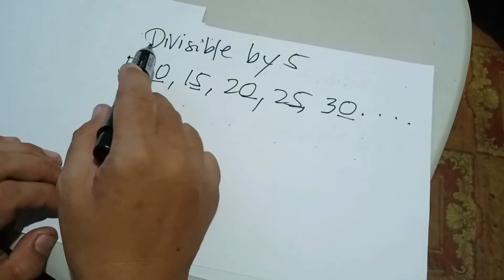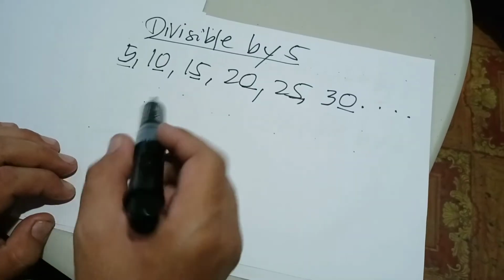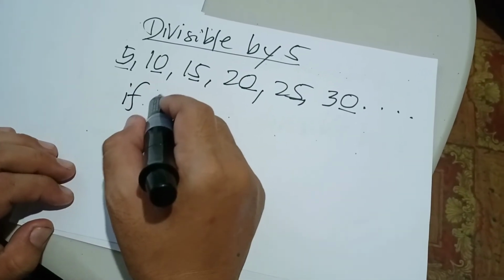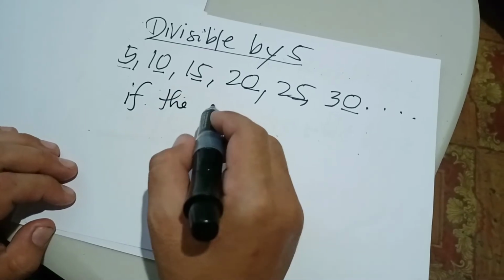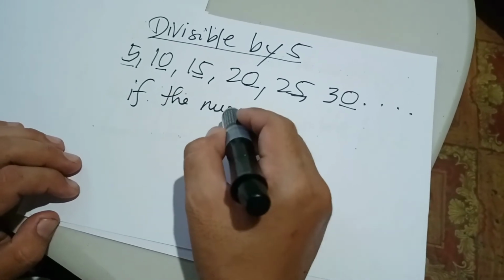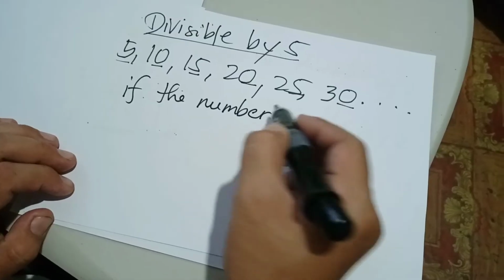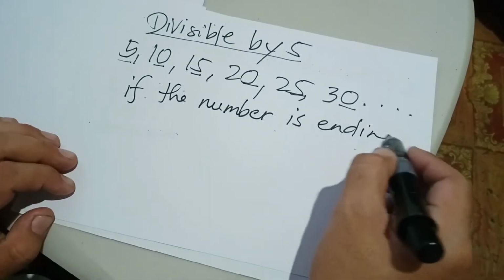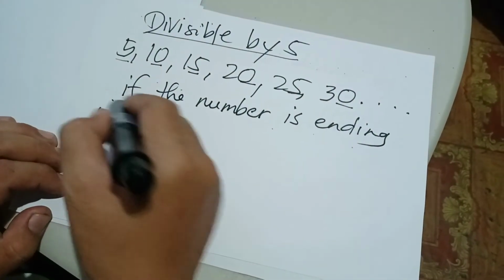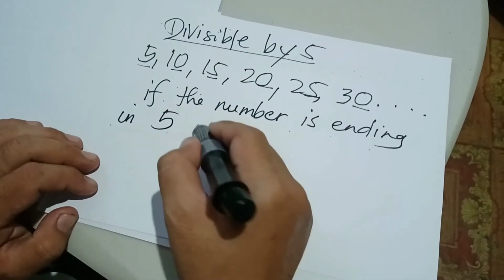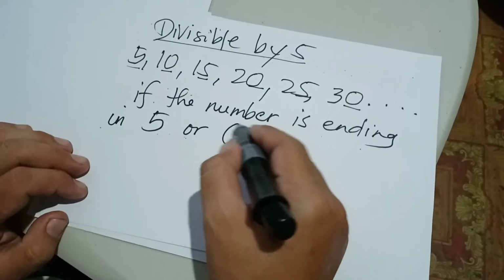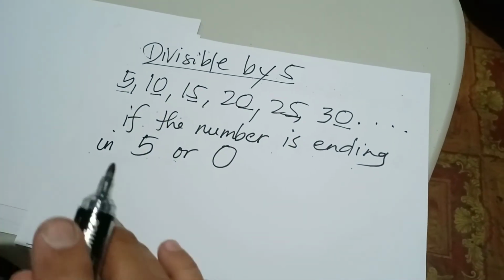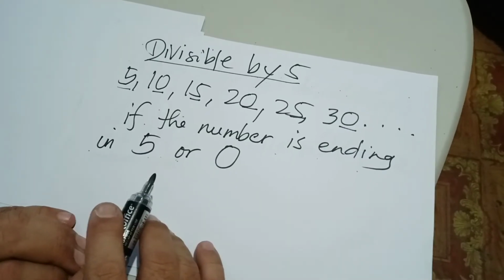So, that means a number is divisible by 5 if the number is ending in 5 or 0. Okay? If a number ends in 5 or 0, therefore it is divisible by 5.